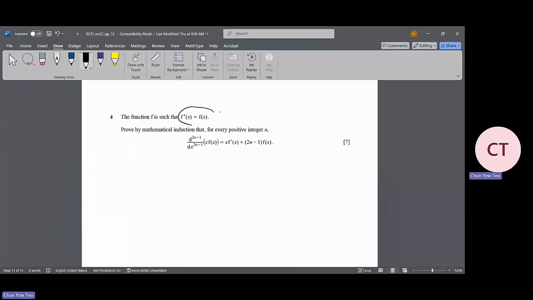The function f is given such that f second prime is equal to f(x). Prove by mathematical induction that for every positive integer, the differentiation relationship over here is true. So what we need to do is start from n equal to 1. When n is equal to 1, then this one will be d/dx of x f(x).